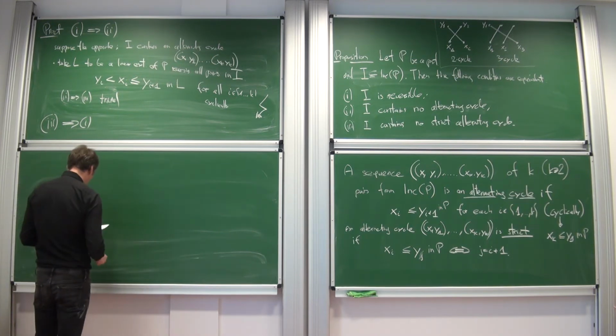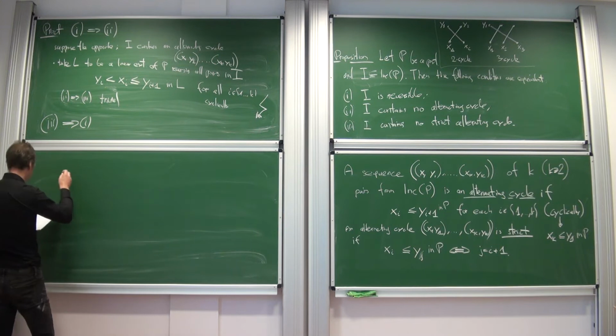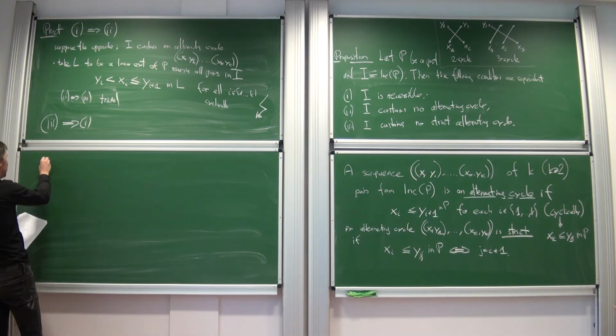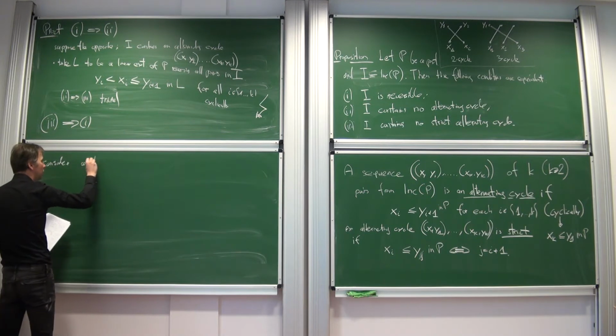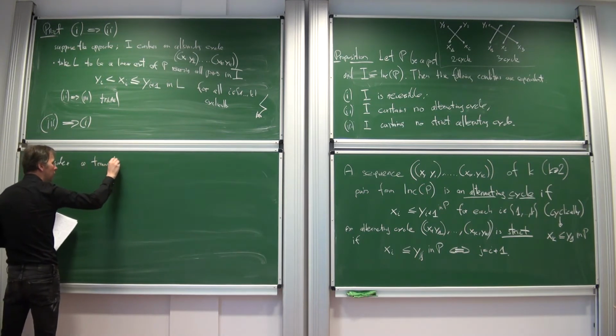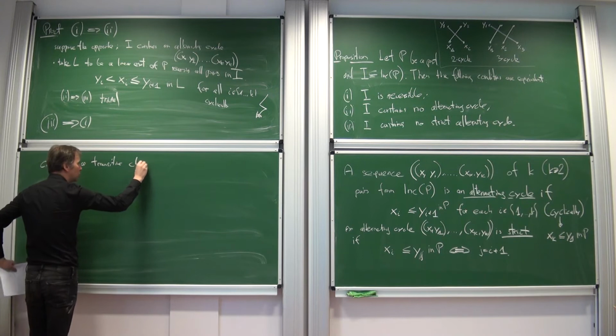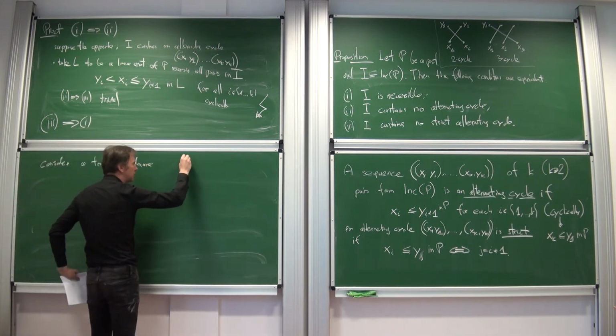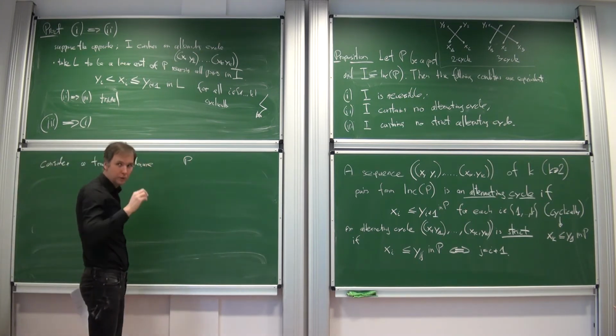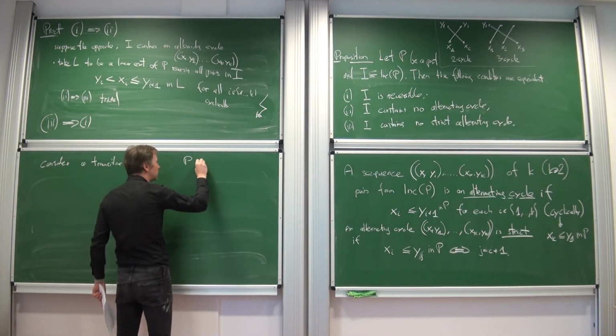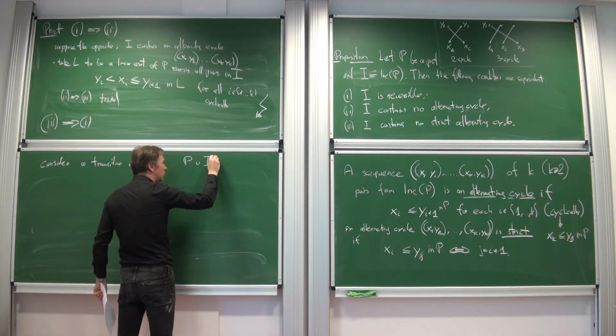So let's do something brutal, yeah? Consider a transitive closure of what you want to do. So you want to take a poset P, and you want to reverse pairs in I. So you want to take I^d, the dual of I, yes?